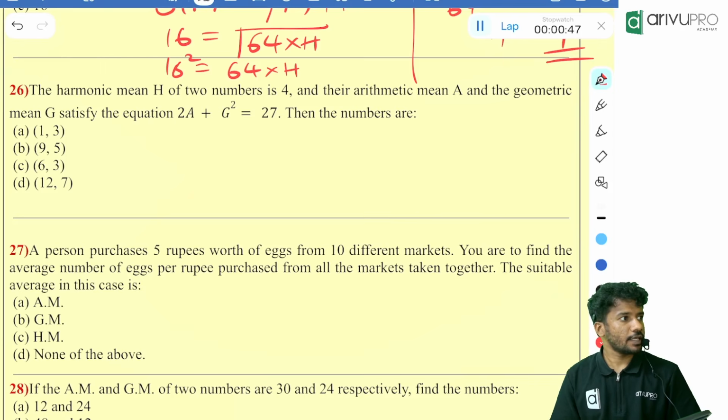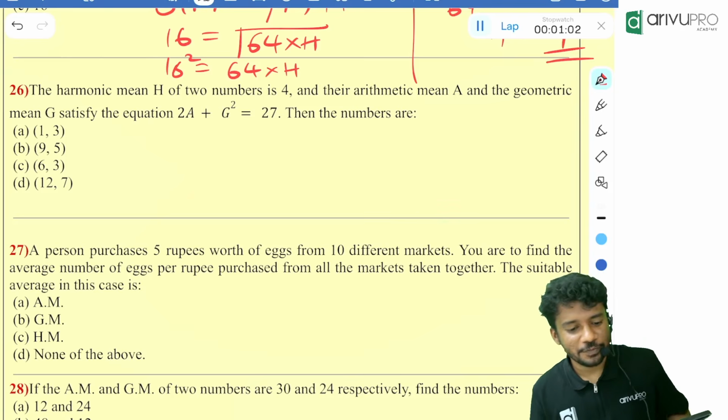Any answers online? Shruti, Sindhu, Trisha, Nihita, Bhavatarani. Give me some answers. Option B, option C. Okay. Option C. Okay, let's see whether it's correct or not.